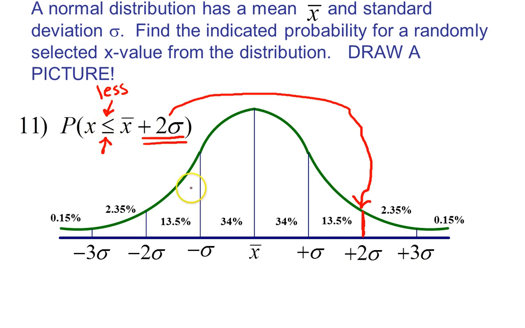Less than is always going to be to the left. So this is really saying, what's the probability of picking an x value randomly to the left of the 2 standard deviation mark? So, switching to highlighter mode, what's the probability of randomly picking a value that is in this region?